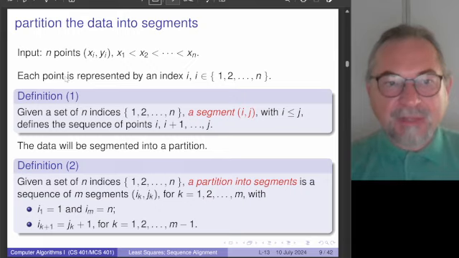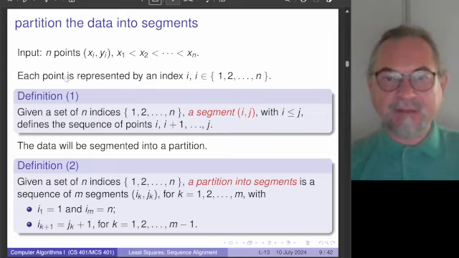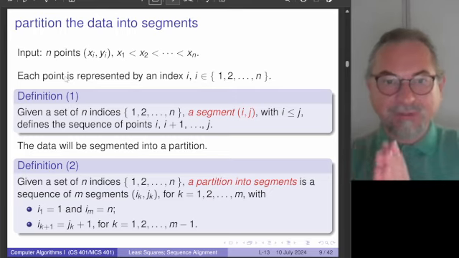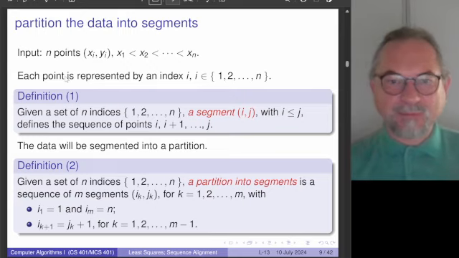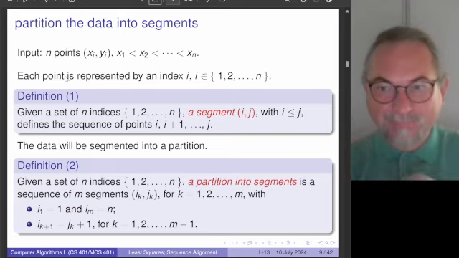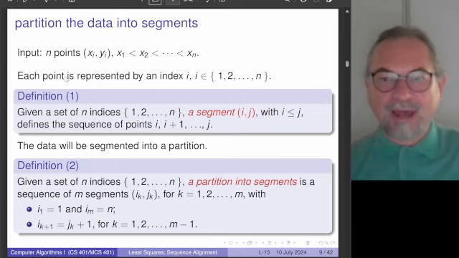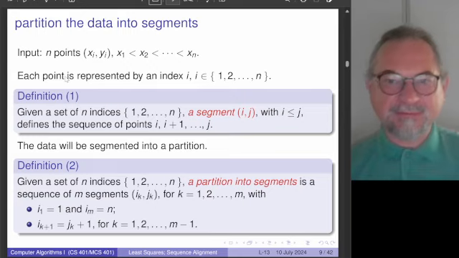Then we will define the segments as the beginning index and the end index. So a segment is stored as ij, where i is strictly less than j. We can have segments with 1 point, theoretically that's possible, but we need 2 points for a line. Although if we have 1 point, we could exclude an outlier. So that's allowed here.